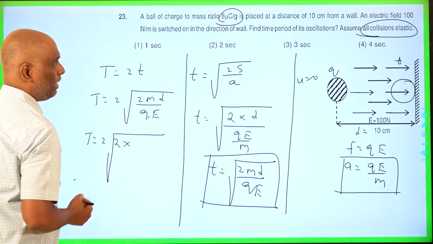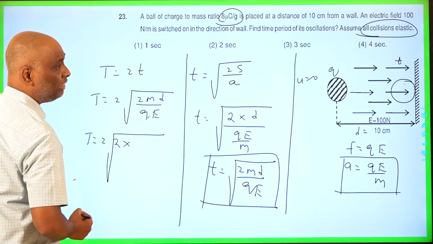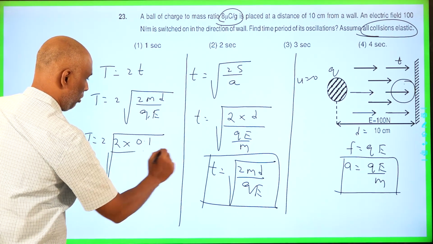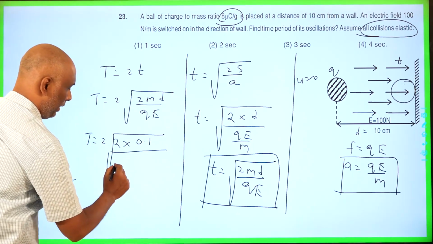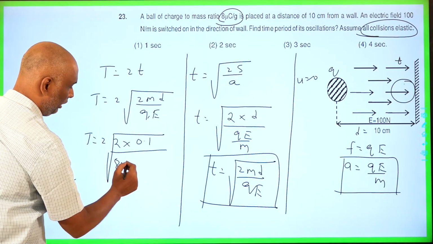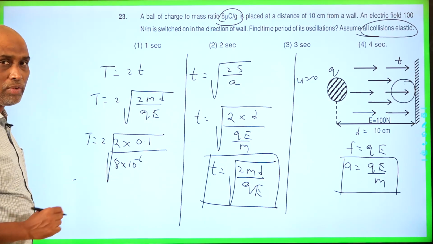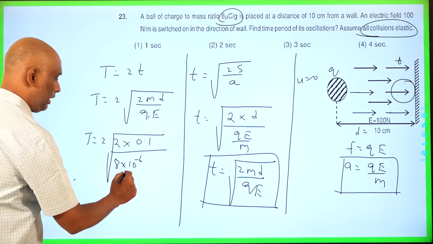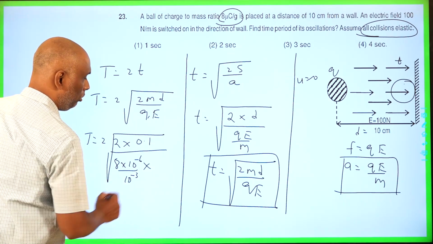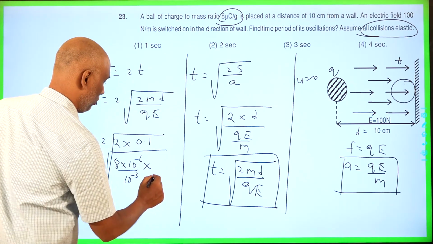So I can take that value, charge per unit mass, in the denominator, and then the distance is given, which is equal to 0.1 meter, whole divided by q/m, which is 8 microcoulomb per gram. So 8 into 10 to the power of minus 6 coulombs, divided by gram, in the denominator gram, divided by 10 to the power of minus 3, into the value of electric field. The magnitude of electric field is given, which is equal to 100.